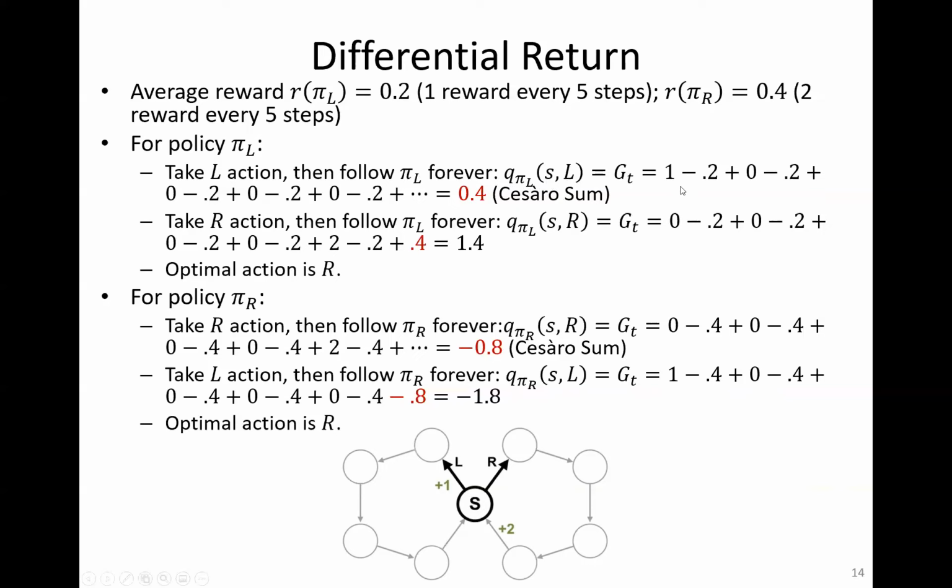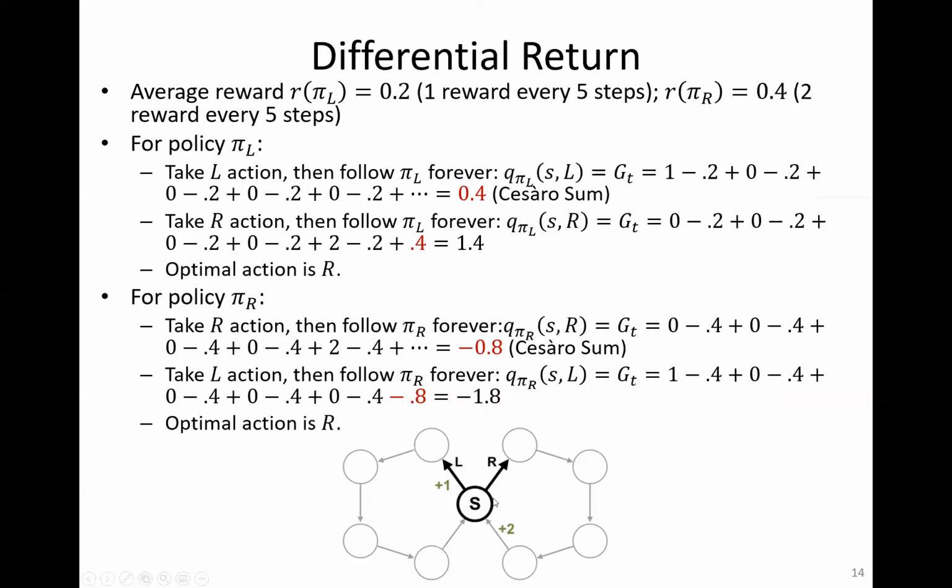So that's 1 minus 0.2 plus 0 minus 0.2 four times plus 1 minus 0.2, which is 0.4, computed as a Cesaro sum. For the right action, you take the right action first and then follow pi left forever.